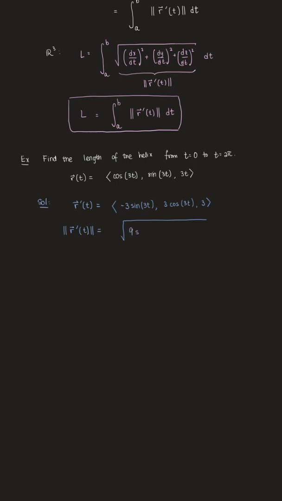Of 9 sine squared 3t, so I'm squaring each derivative and adding, 9 cosine squared of 3t, and then plus 9. And you can see in the first 2 terms, if I factor out a 9, we have 9 times sine squared 3t plus cosine squared 3t, and this is our Pythagorean identity equal to 1.